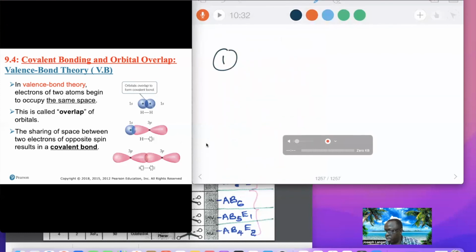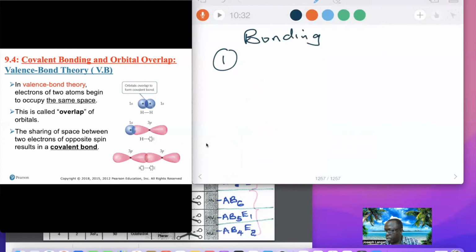And a theory is something you theorize: how is a bond formed? How are chemical bonds formed? We have said, okay, ionic bonding is transfer of electrons, covalent bonding is sharing of electrons. How does this sharing of electrons take place? How is a covalent bond formed?